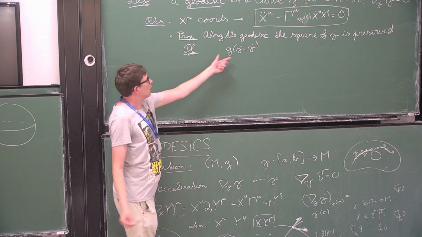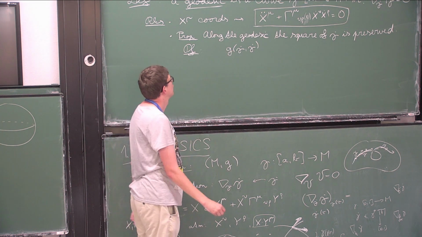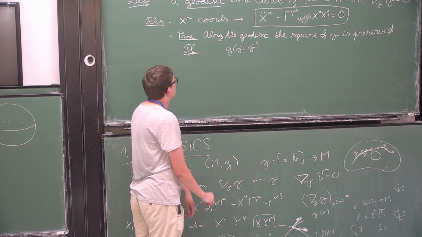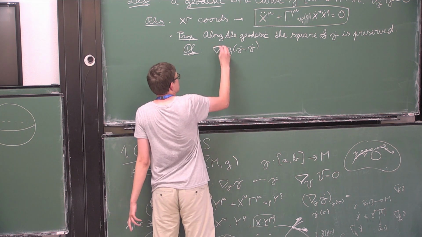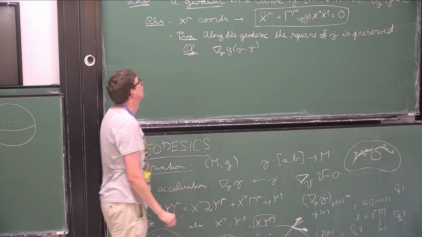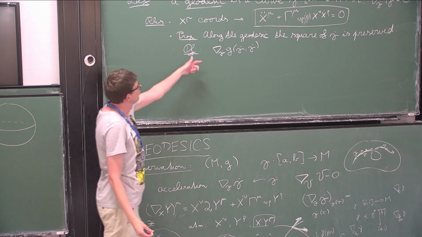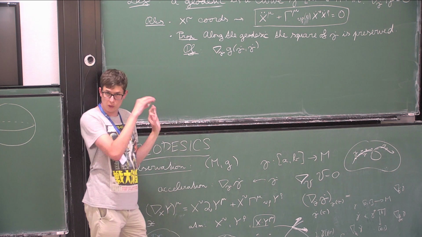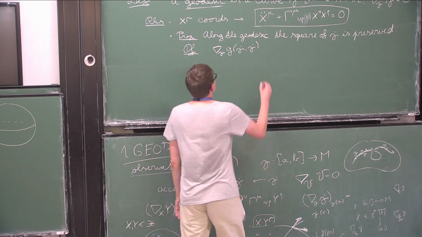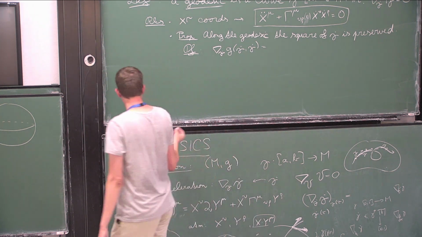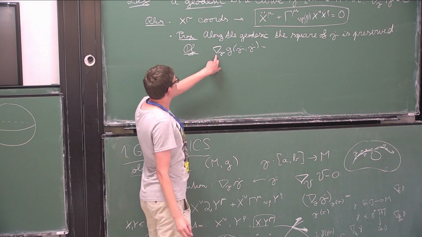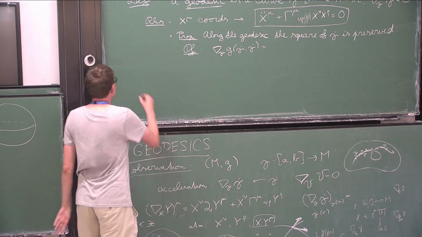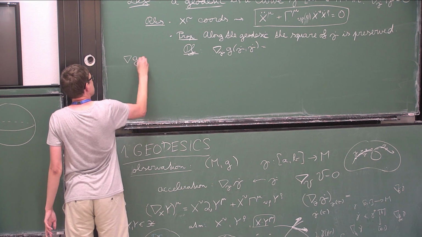Now I want to see how this changes along the curve itself. I use the covariant derivative connection in the direction of the curve, which is what I use when I measure quantities along the curve. Recall that this is a Levi-Civita connection, and one of the properties is that nabla g is 0.